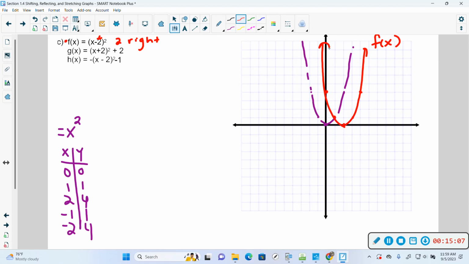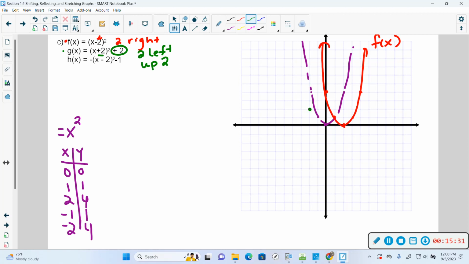Okay. Let's take a look at g. That doesn't look so bad. Of course, plus 2 to left. And then the plus 2, so many plus 2s at the back, 2 up. Now again, it doesn't matter if you do the left 2 or the up 2, you pick it. And that's from our purple parent function I'm counting. So I'm going to start at 0, 0, and I'm going to go 2 left, 2 up.